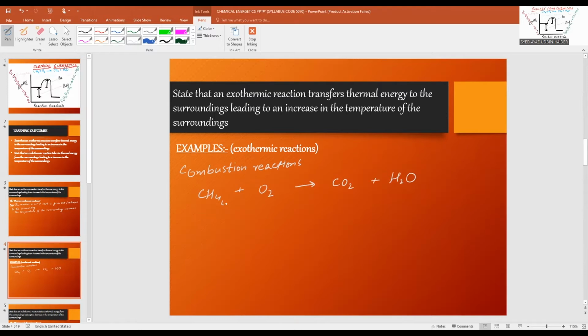Let me write the state symbols. Now this reaction equation needs to be balanced.